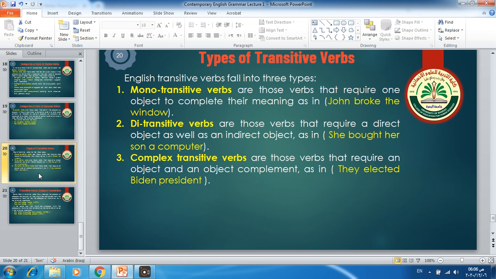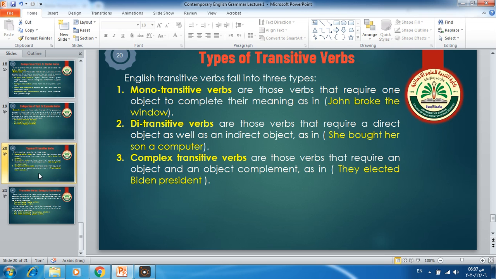You remember we said something about the transitive verbs earlier. Now, you know that the transitive verbs are those verbs that cannot stand alone. They need an object to complete their meanings. We do have three types of transitive verbs. We have monotransitive verbs, which are the verbs that require one object to complete their meaning, as in John broke the window.